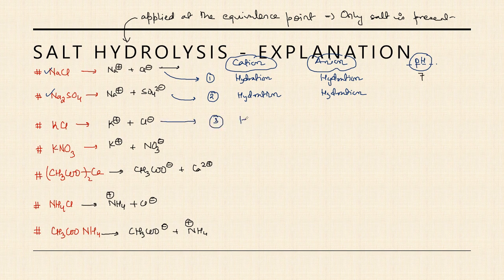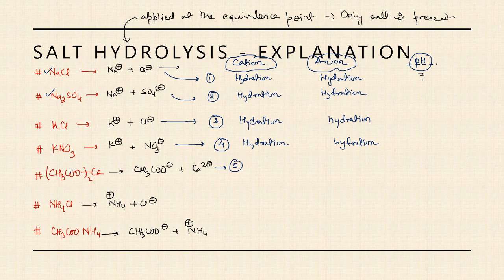Again hydration, and this will also undergo hydration because K plus must have come from a strong base KOH and NO3 minus must have come from a strong acid HNO3. So hydration. Hydration.